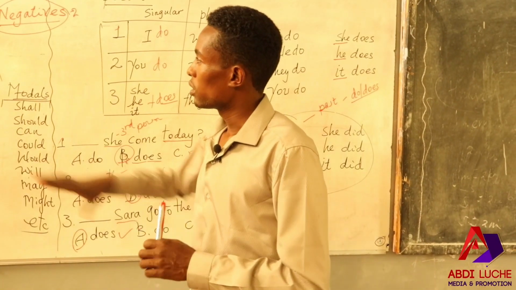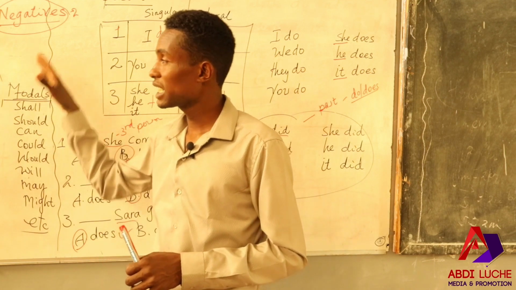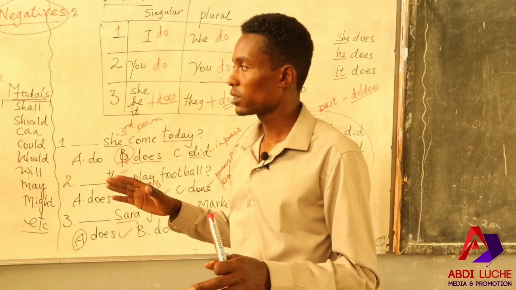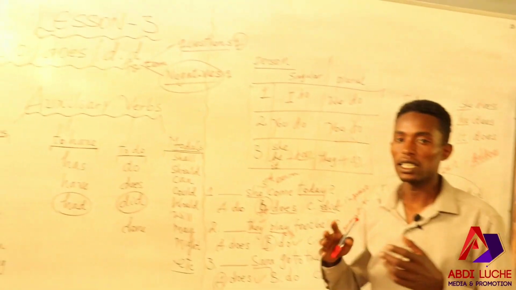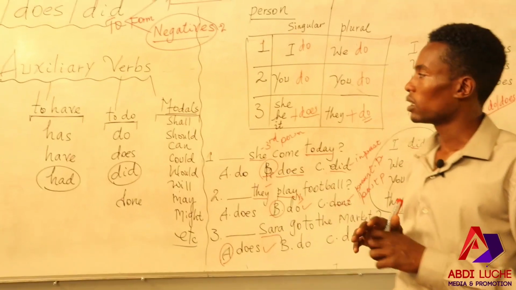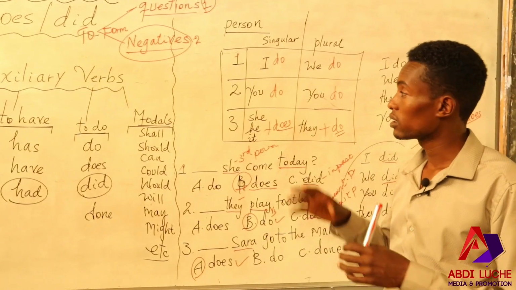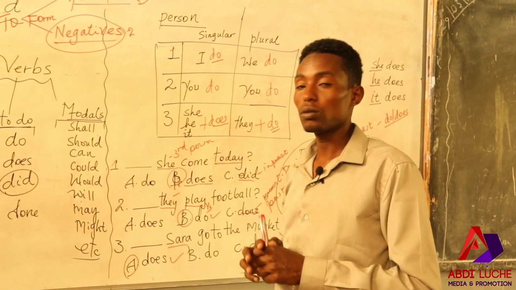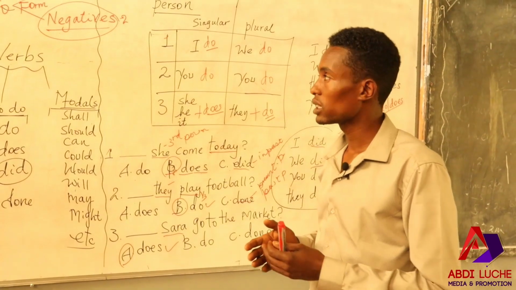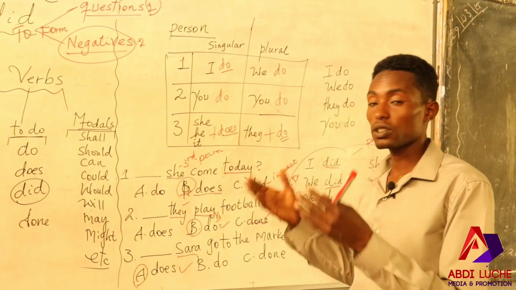You know, they are auxiliary verbs to form negatives and questions. We use do, did, and does. So, how do we use do, did, and does? Do is used to form negatives and questions with different subjects.